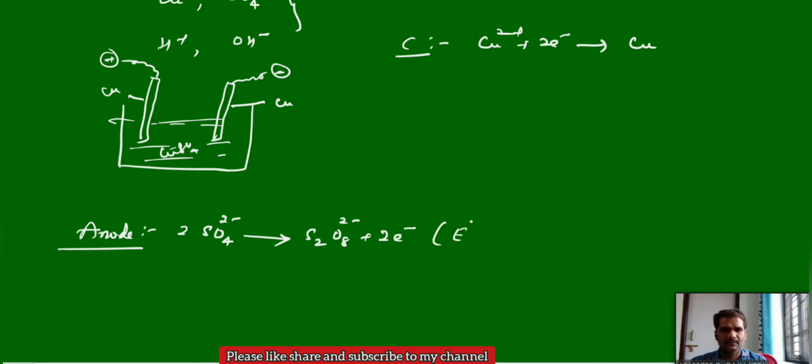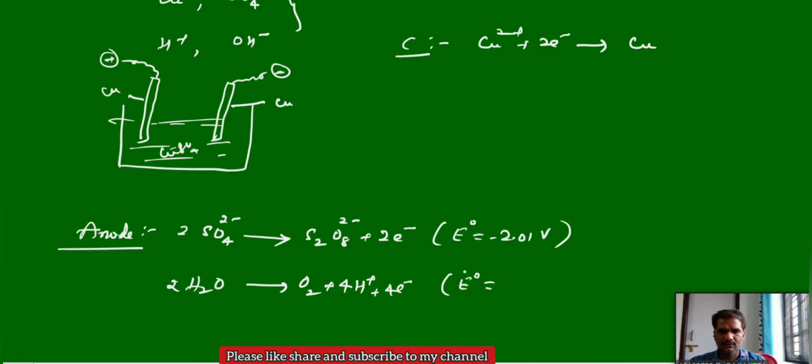But in this case, the potential value is minus 2.01. The second reaction can take place if you take water: it can liberate oxygen gas, O2 plus H+ plus 4 electrons. Sorry, this is the anodic reaction, and the oxidation potential value is minus 1.23. Already we have discussed this.